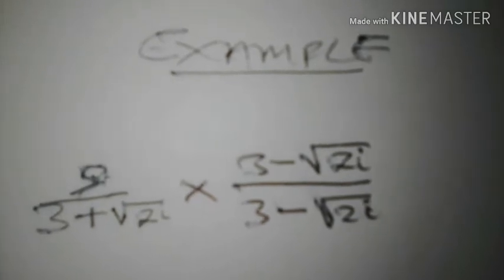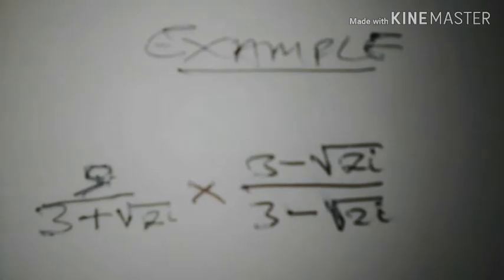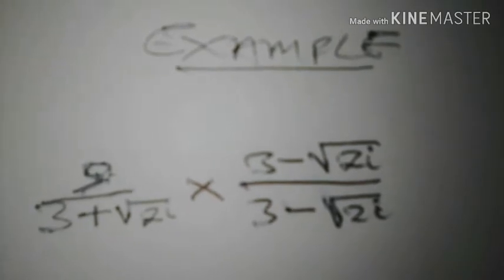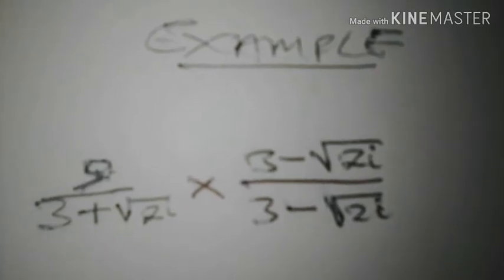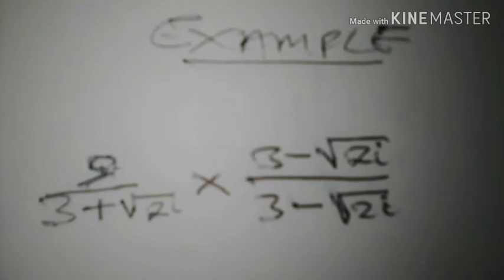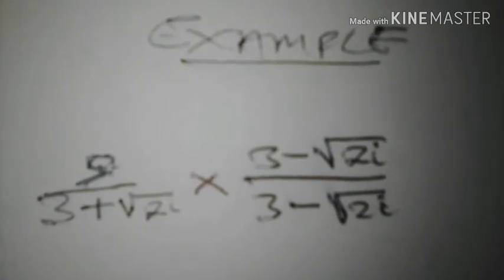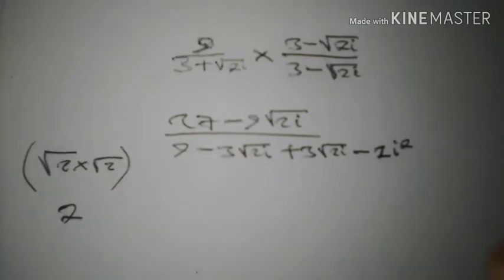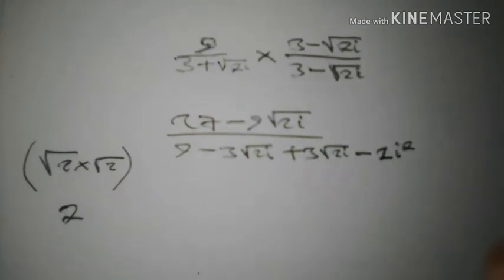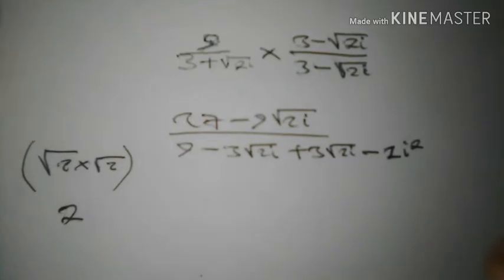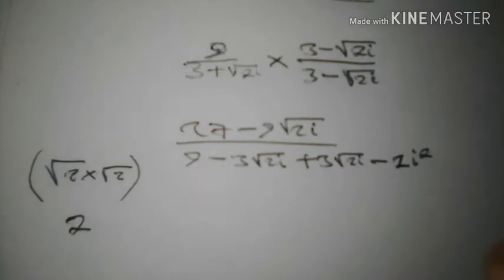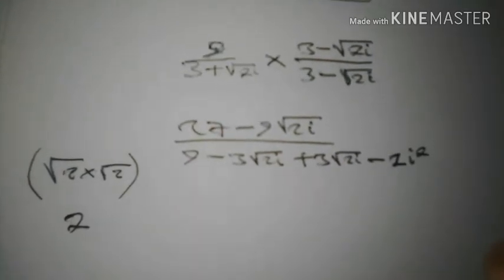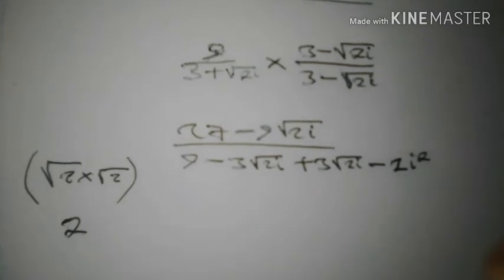So in our case, the conjugate is going to be 3 minus root 2i. Then we are going to multiply that by the numerator and the denominator. So when we say 9 times 3, we get 27. 9 times minus root 2i, we get minus 9 root 2i.